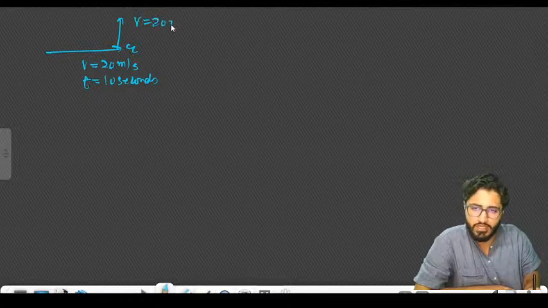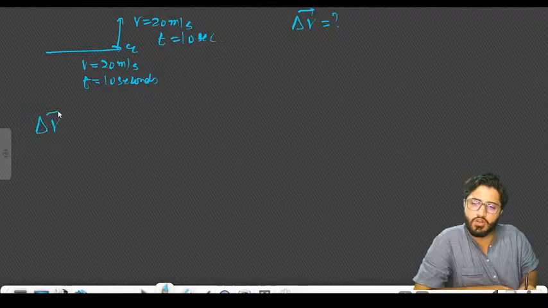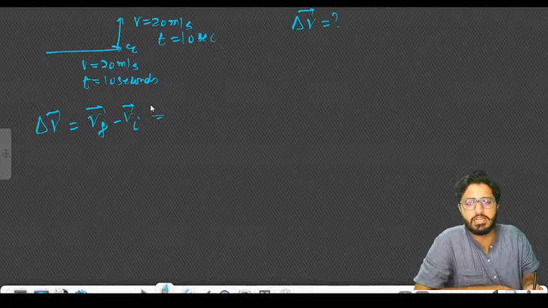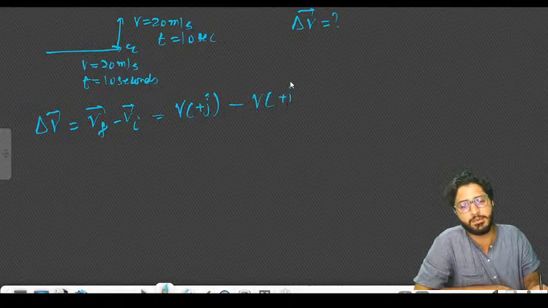Speed is same, 20 meter per second. Timing is same, 10 seconds. What is change in velocity? Change in velocity means velocity final minus velocity initial. Finally, it is going upward, so I can write v in plus j cap. Initially it is v going in plus i cap.